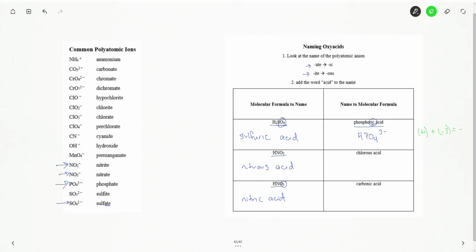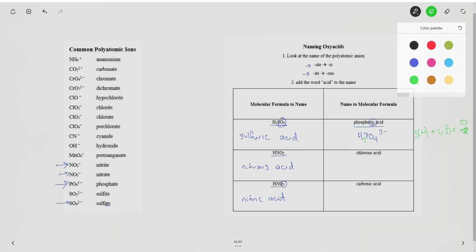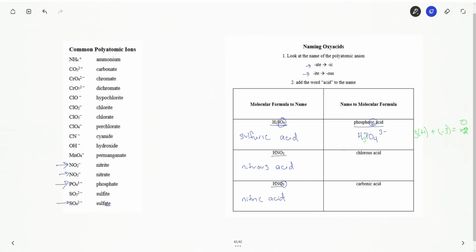And of course, right now, I have an overall charge of -2, which I do not want. Therefore, I need to have a multiplier here of 3, and that changes to 0. I must have 3 hydrogens here. Again, let me rewrite this a little bit neater without all my charges. Phosphoric acid, H3PO4. Let's do another one.